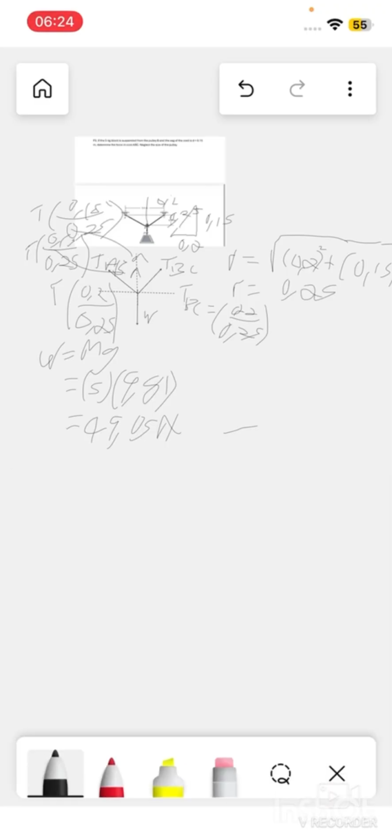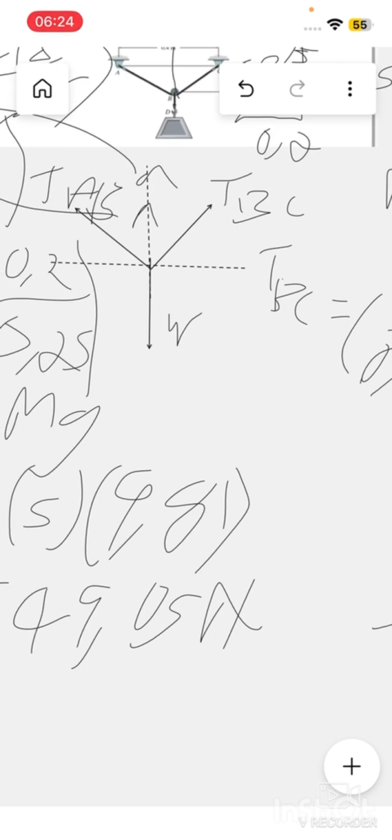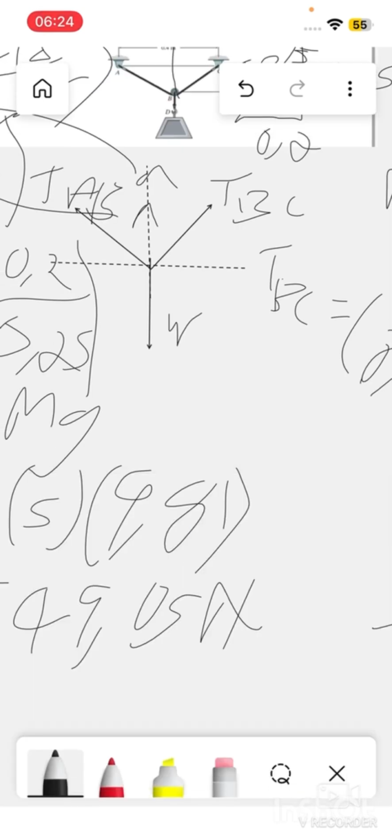We do not have angles, so we're going to have theta here and theta here.